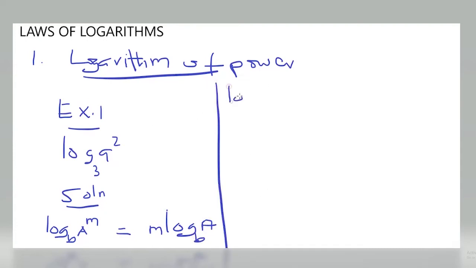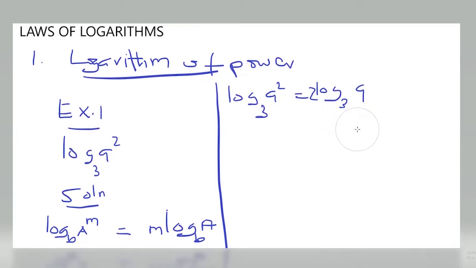Now for this case, logarithm of 9 squared to base 3 can be written as 2 times logarithm of 9 to base 3. Now what is the value of logarithm of 9 to base 3?